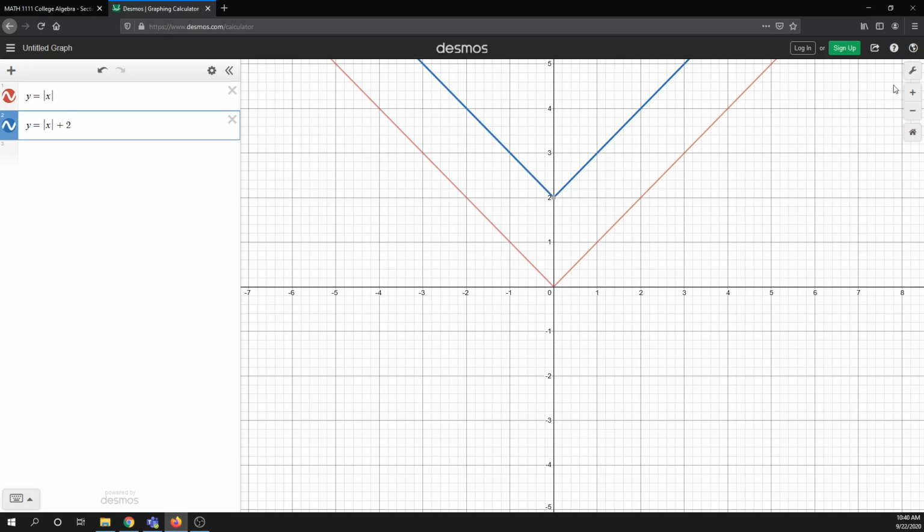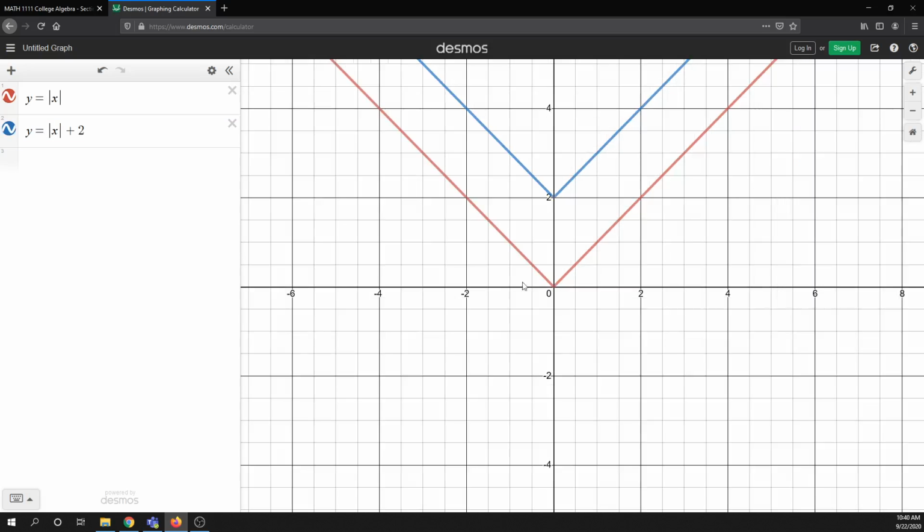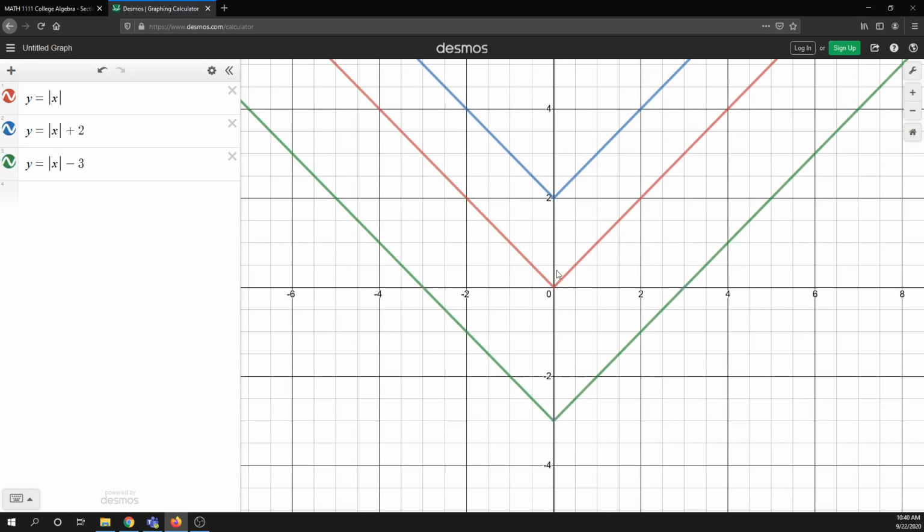And you can see that it just shifts everything up 2 units. Then if I did y equals absolute value of x minus 3, the green graph, you can see that it just shifts every single point on the red graph down 3 units.